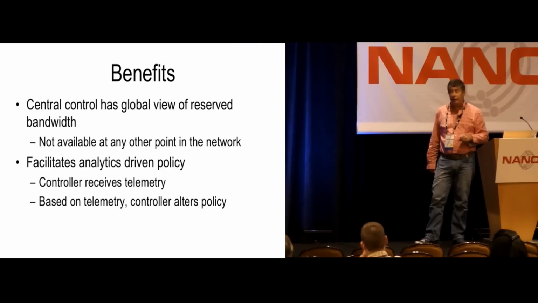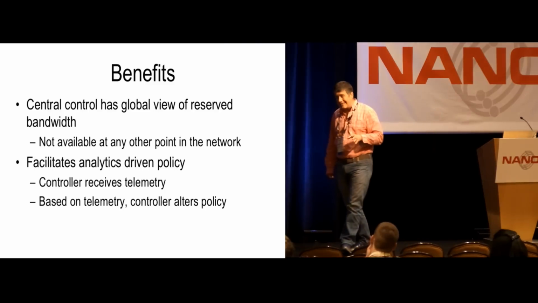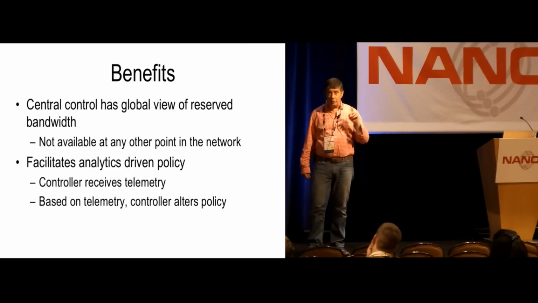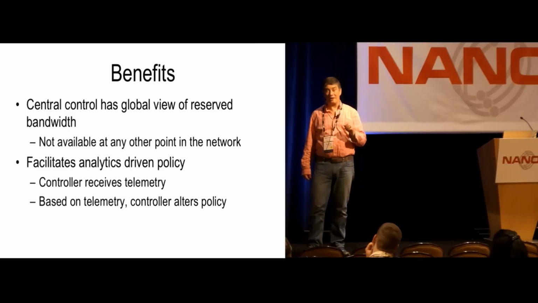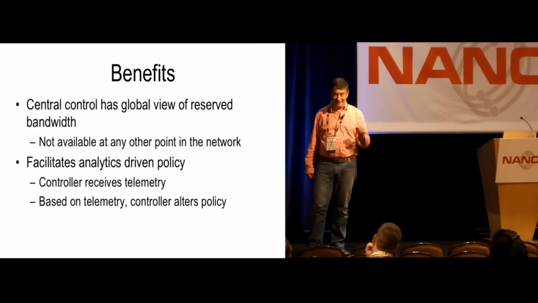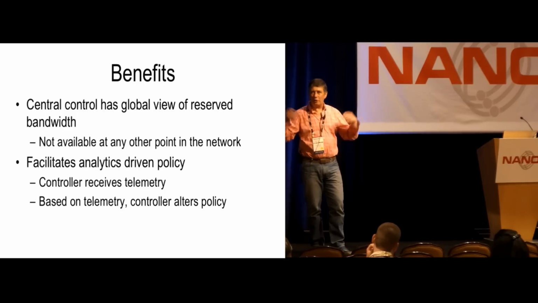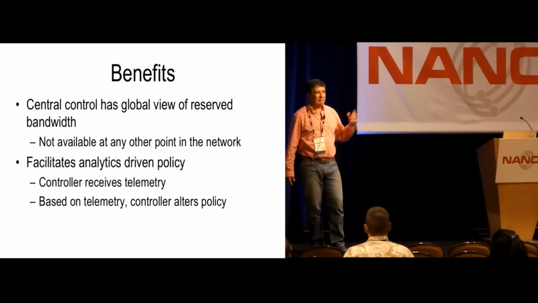Now, going with a centralized controller is a good thing. The reason it's a good thing is because now, not only do you have a centralized view of bandwidth allocations, you have a centralized view of everything. Let's say for a minute you're collecting analytics from all your nodes. How much traffic is going through this node? Do I have diurnal patterns of the traffic, coming and going?